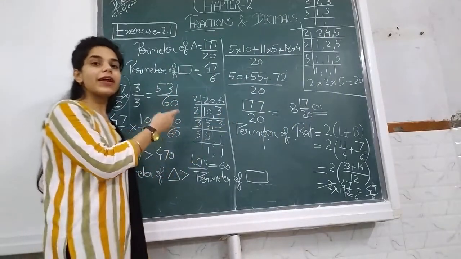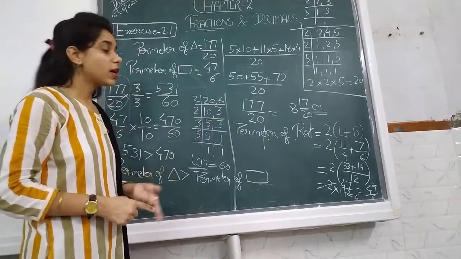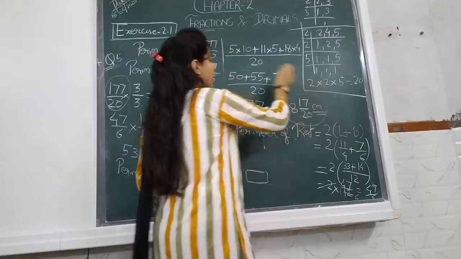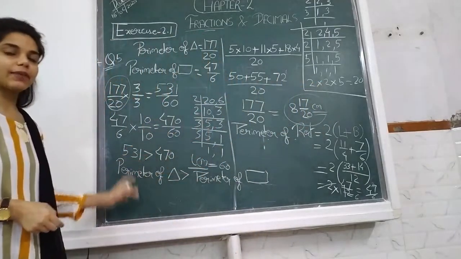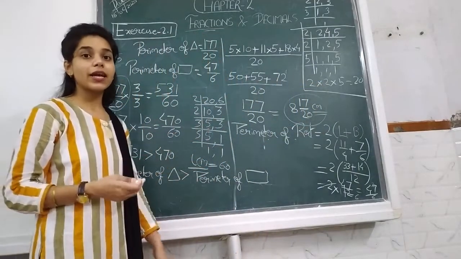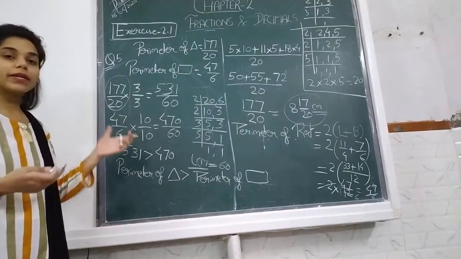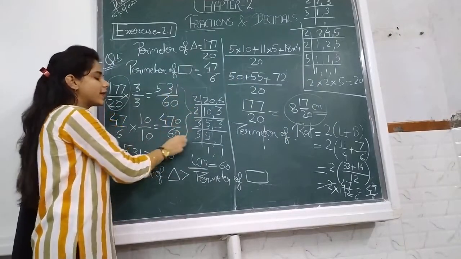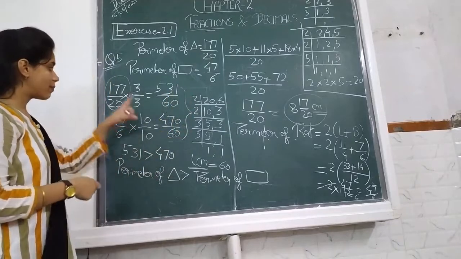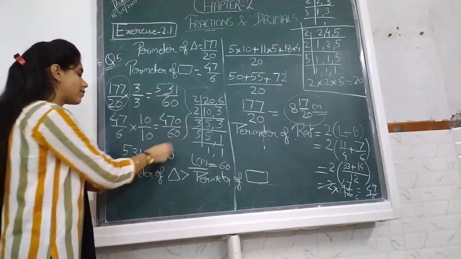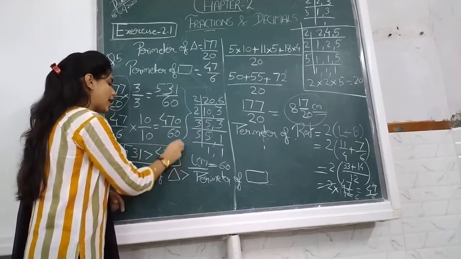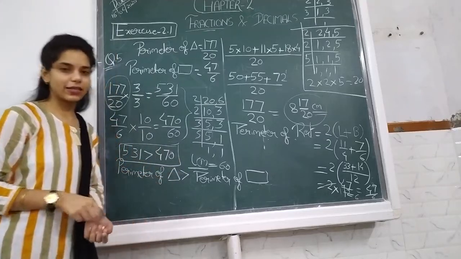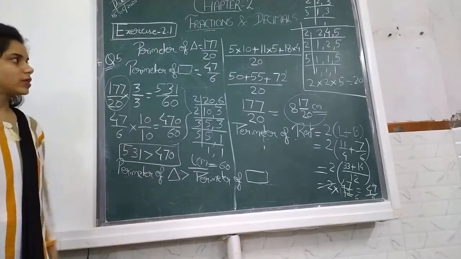By putting the values of length and width, we found the value of perimeter, and we need to compare that because the question asks whose perimeter is greater. So we need to make it into like fractions. We made it into like fractions, compared it, and saw that perimeter of triangle is greater. I hope you understood this.